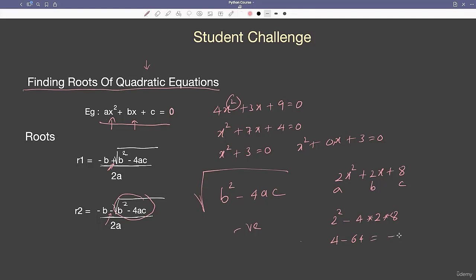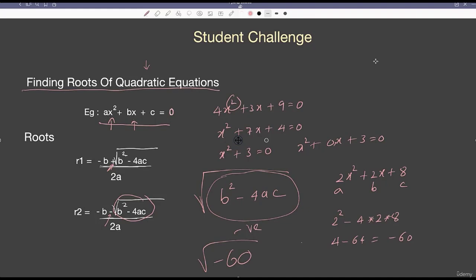So this will be minus 60. So this becomes under root minus 60. When you have a negative value here, this becomes a complex number. So the result of these roots may be a complex number also, if b square minus 4ac is negative. If the discriminant is negative, then we will not get a real number. We will get a complex number. So you should make sure that you do not get the discriminant as a negative number.